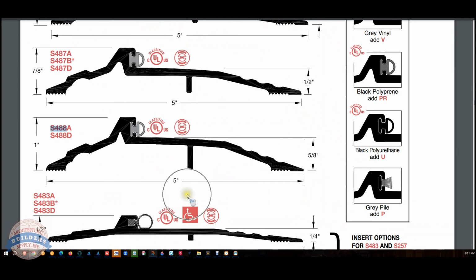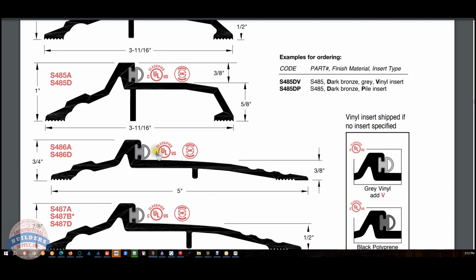These serrations do a couple of things. They allow you to resist the lateral force of the door hitting the bump-up aspect of the threshold every time, resisting it moving laterally. It also gives a nice area for the caulk to reside in to help keep water from intruding. So those serrations are really nice.